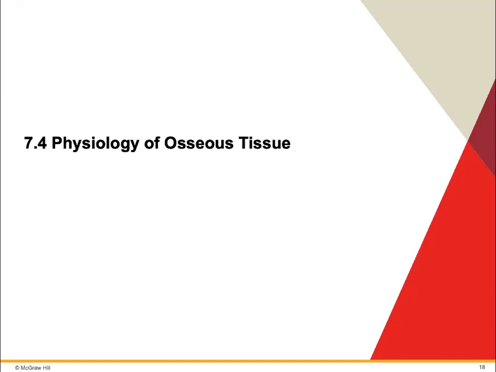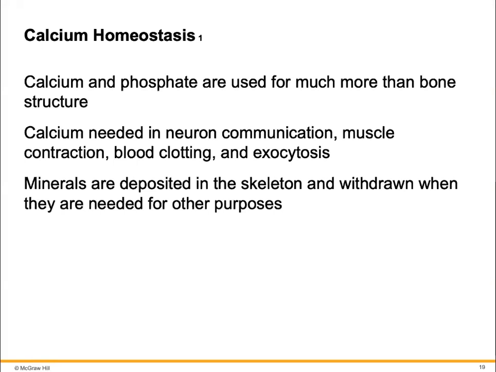So let's talk more specifically about calcium homeostasis. Calcium itself is needed not only for the structural integrity of our bone, but it's needed in neuron communication. It's how signals are able to get sent from one neuron to another.